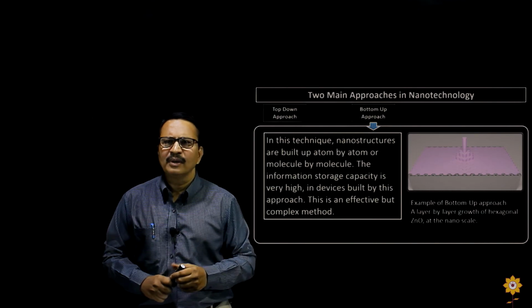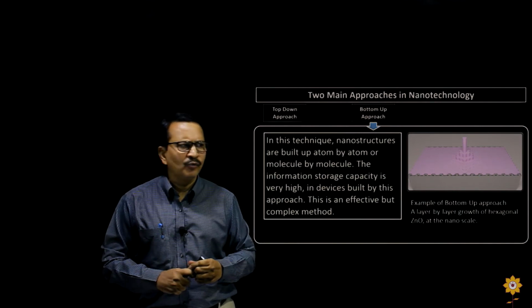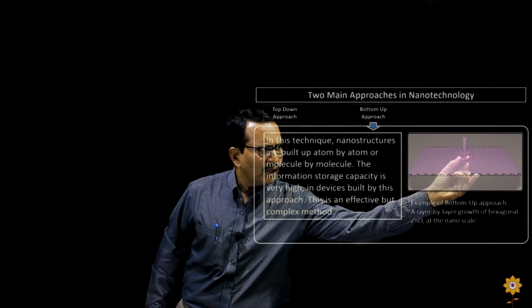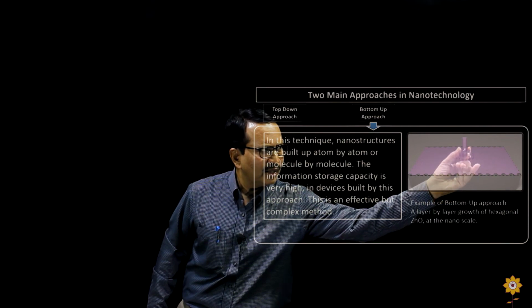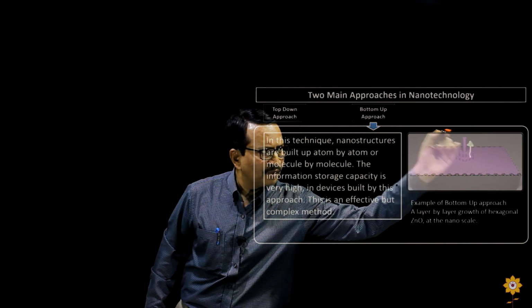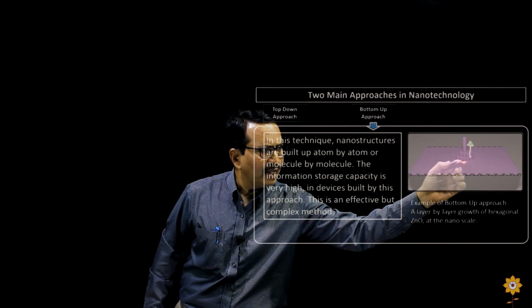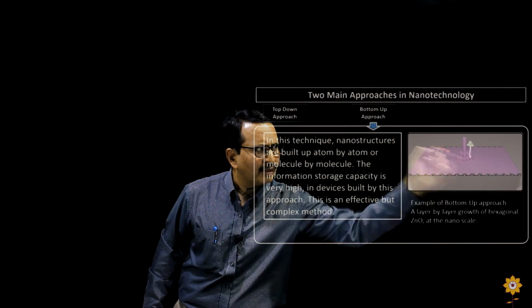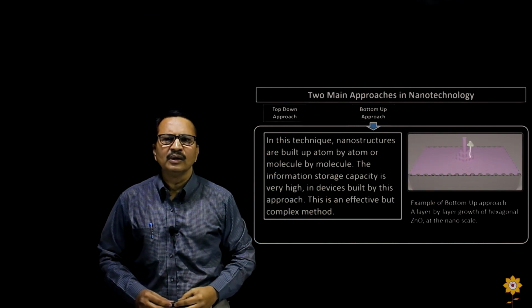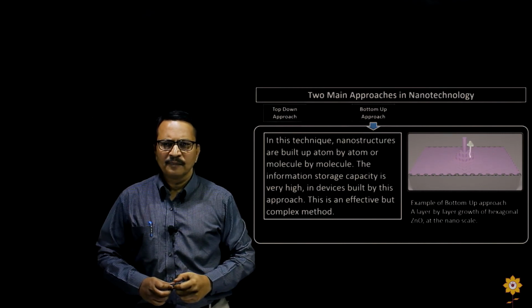Here is an example of the bottom-up approach wherein you have synthesis of the central zinc oxide rod, right, by layer arrangement of atoms. So this is nothing but usage of the bottom-up approach.